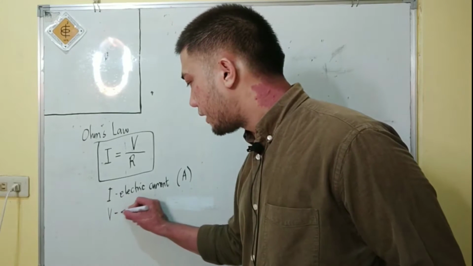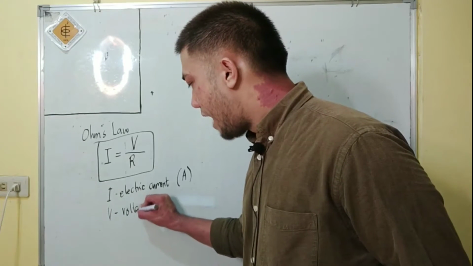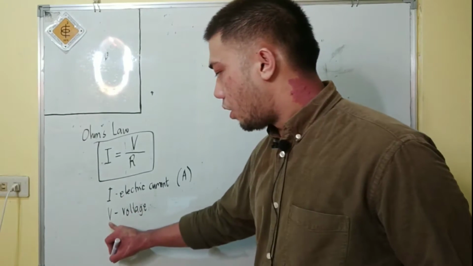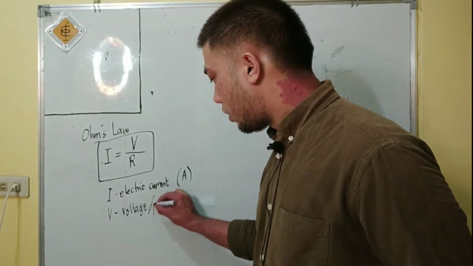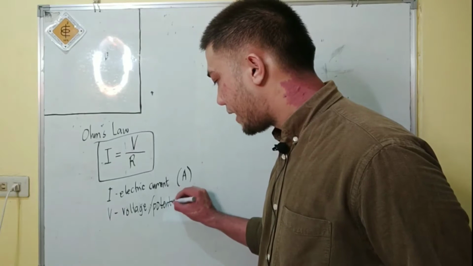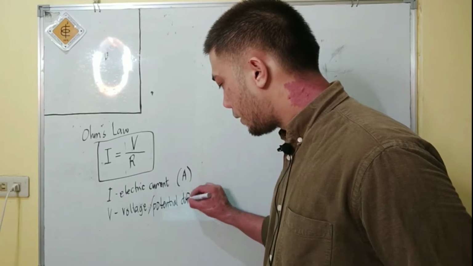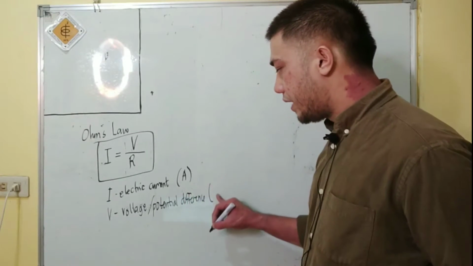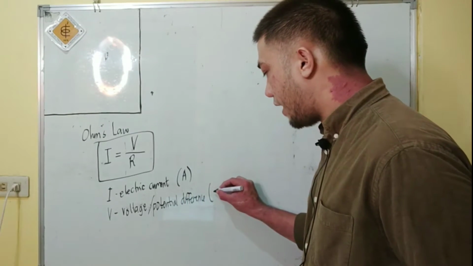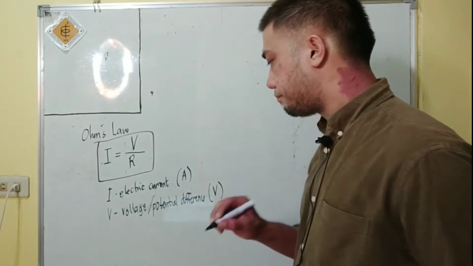For the voltage, having a denotation symbol of V, also called potential difference, having a unit of volts.